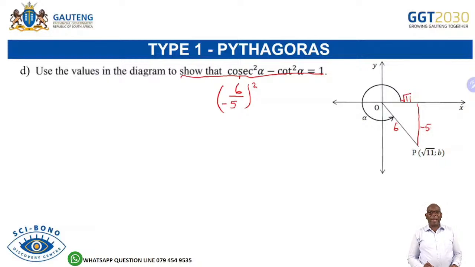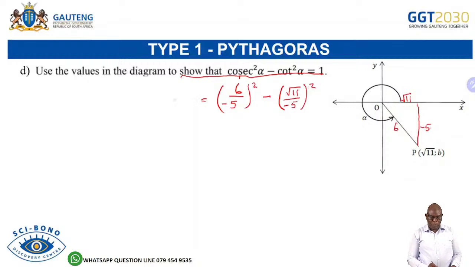Don't write the alpha in. I've already got the ratio. Now minus, what is my cot? My cot is a friend to tan. So tan in that case was -5 over square root of 11, which means that cot will be square root of 11 over -5. And it's also squared.